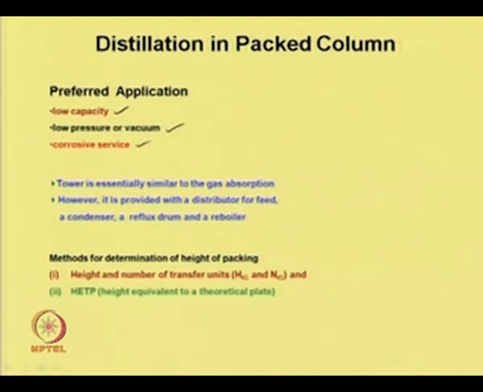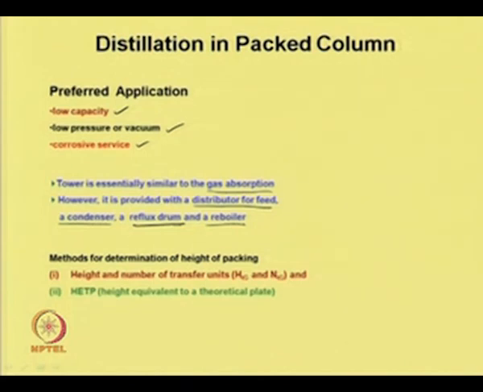The tower used for packed column distillation is essentially similar to the one which we have used for gas absorption, which we have discussed before, but with a little modification: the tower is modified with a distributor for the feed, a condenser, a reflux drum and a reboiler.